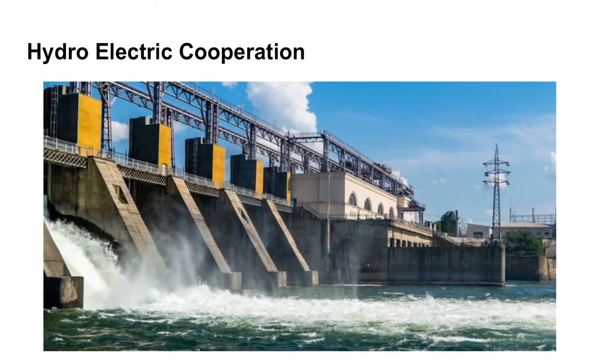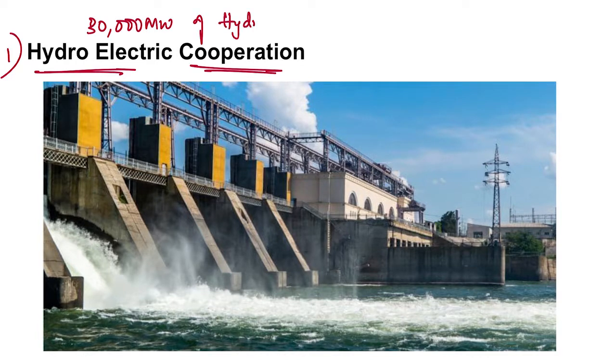Now let's discuss the main bilateral issues. The first thing when it comes to bilateral issues between India and Bhutan is hydroelectric cooperation. The major rivers in Bhutan have an estimated potential of 30,000 megawatts of hydropower.